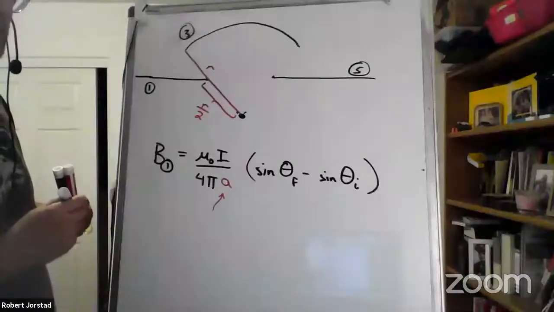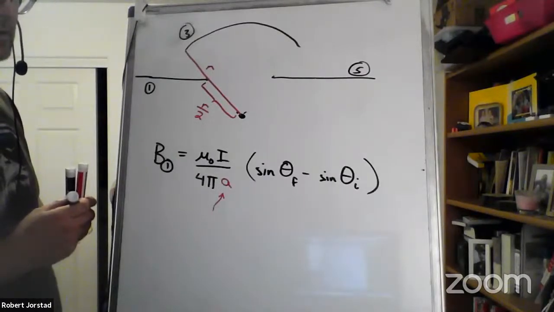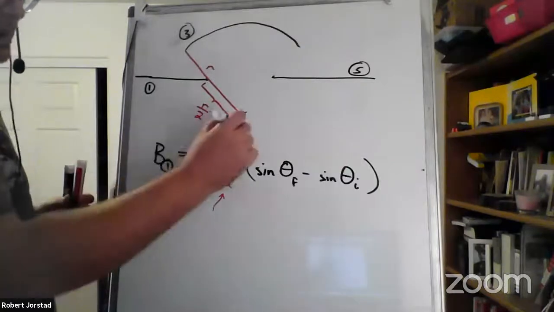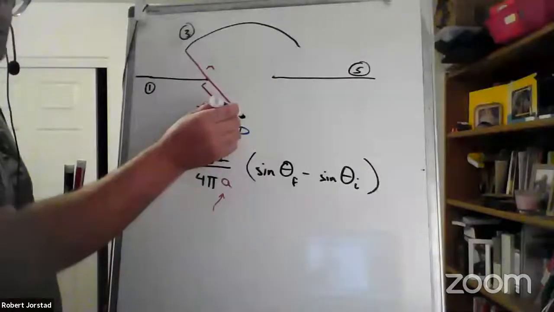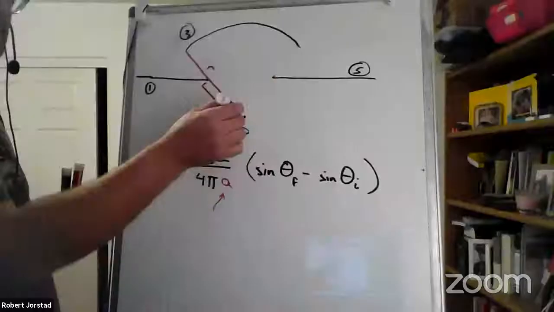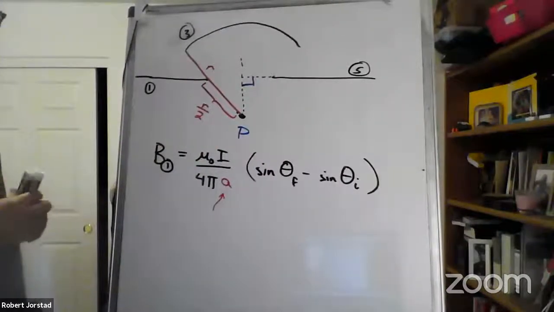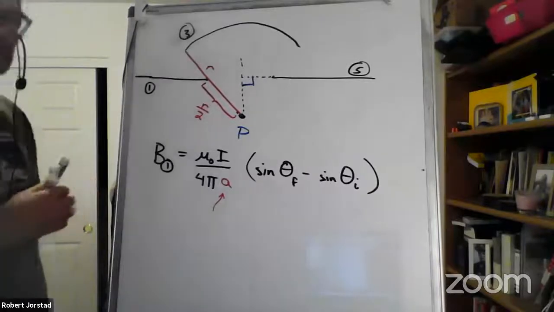So where's the perpendicular bisector? If this is my point P, this is to the straight line segment. Which way should I move my marker? Straight up. Exactly. And even though there's no wire there, that's the perpendicular bisector. So what is A? Is it R or is it R over 2?